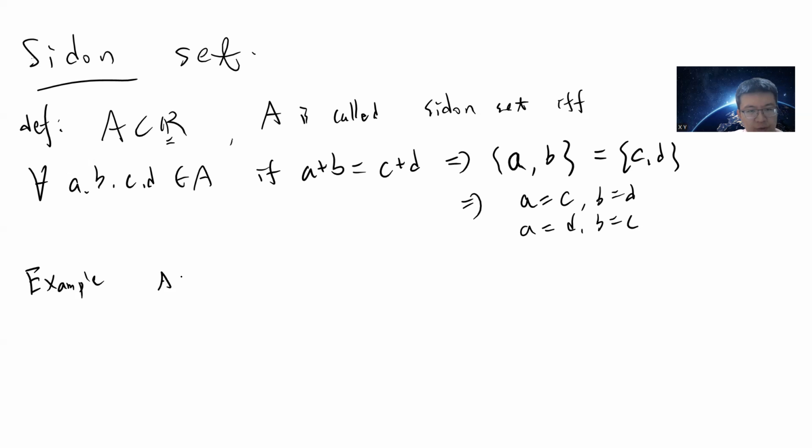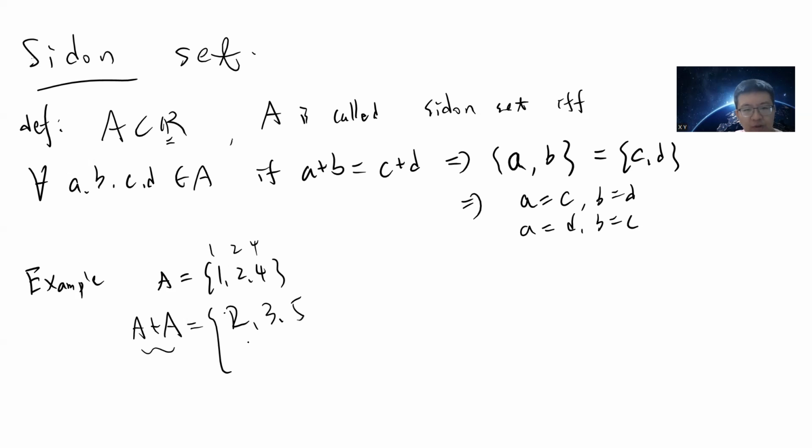One famous example is 1, 2, and 4, this kind of thing. You can check it: let's compute the sum set A plus A, where all elements can be written as a plus b. So let's say 1, 2, 4. You have 2, 3, 5, and then you have 3, 4, 6, and you have 4, 6, 8.